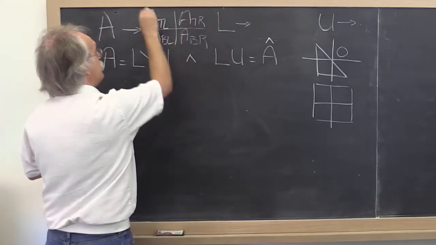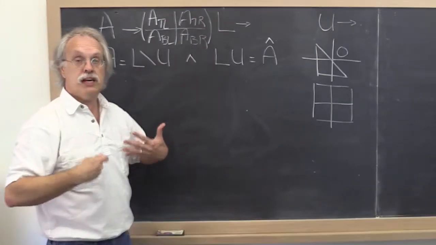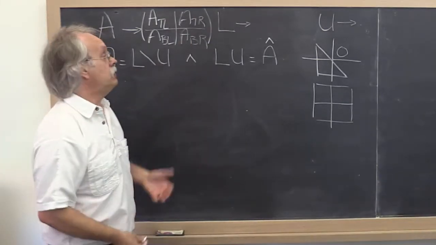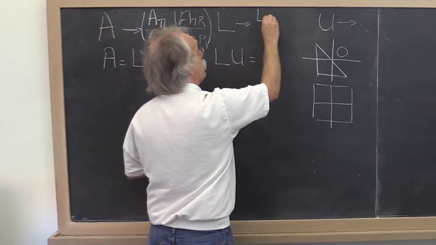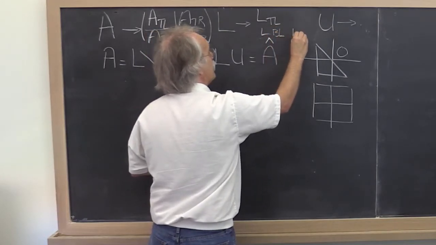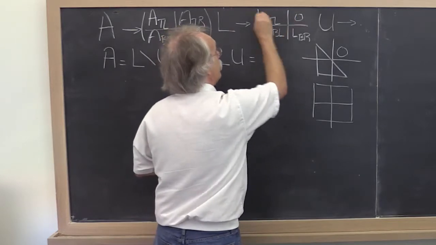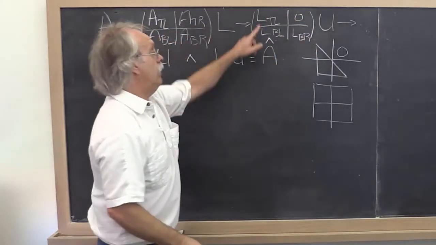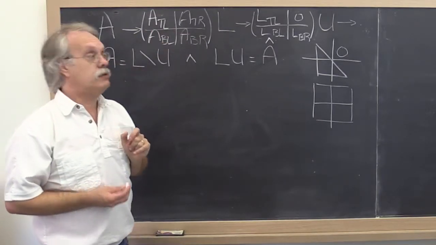Now that's the matrix with which we're actually going to be working. In order to be able to reason about correctness, we're also going to want to reason about L, which is going to be partitioned into a top left, bottom left, and bottom right, with a nice block of zeros identified there, under the assumption that these blocks are square themselves.